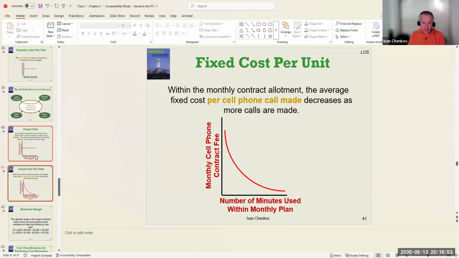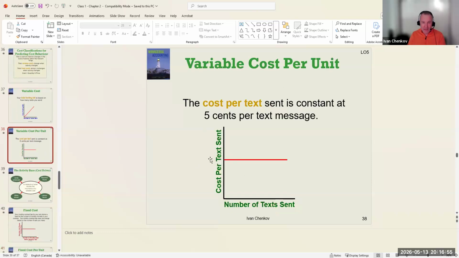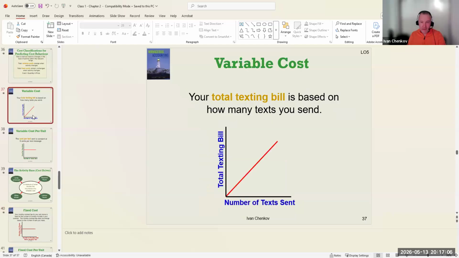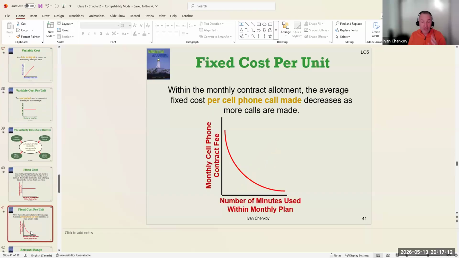Because the way I see it, watch this. The variable cost per unit is stable. Fixed cost per unit is stable. Variable cost in total is climbing up. The only one of those costs that is actually going down is the fixed cost per unit.